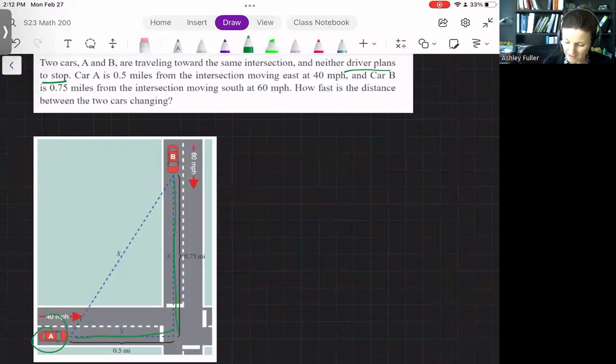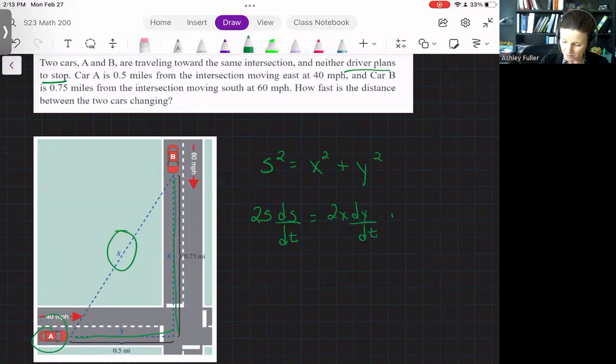Well, this is a triangle, so we know that the hypotenuse squared is going to equal the sum of the two sides squared. We can differentiate this because we want to know how fast this is changing. So we're going to have 2s ds over dt equals 2x dx over dt plus 2y dy over dt.